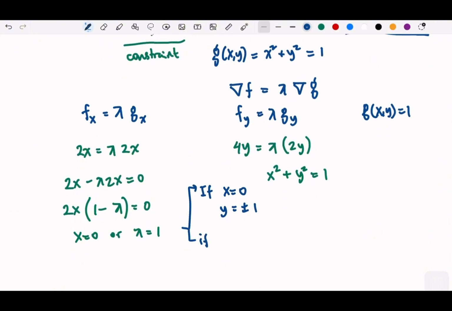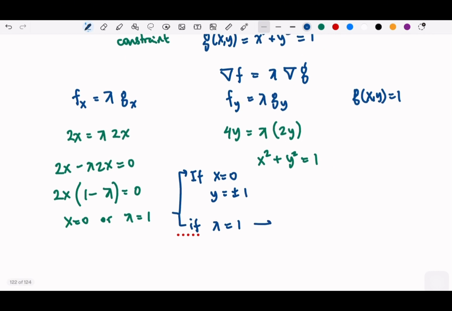And if lambda is 1, then it is giving you 4y equal to 2y, the same thing with the x.